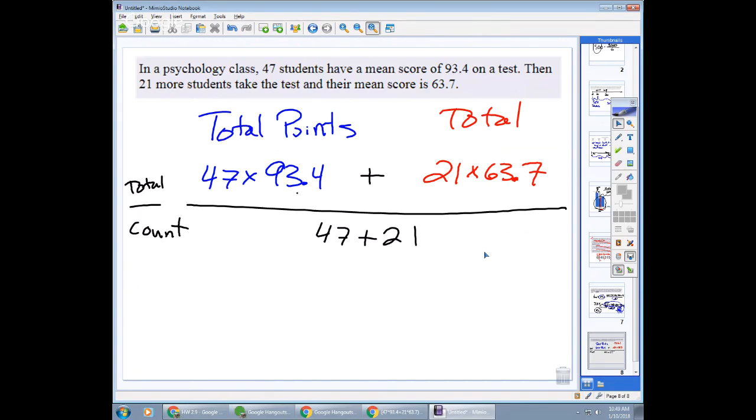So what I did is on my calculator, I typed this almost like you see it. I put a parenthesis first. And then I typed 47 times 93.4, and then I added the 21 times 63.7. Then I closed the parenthesis. Then I hit my division key, and then I put a parenthesis around the 47 plus 21.